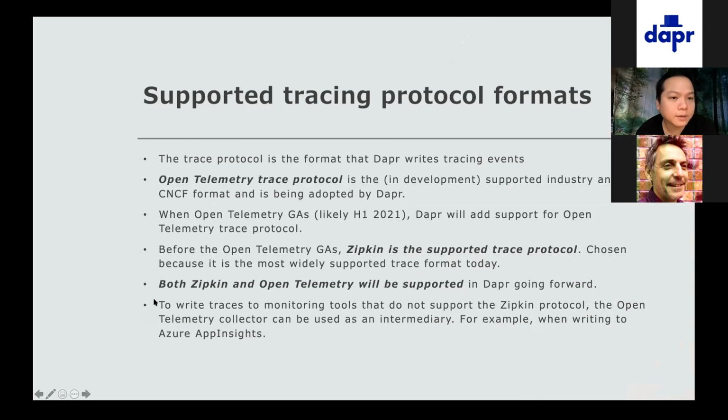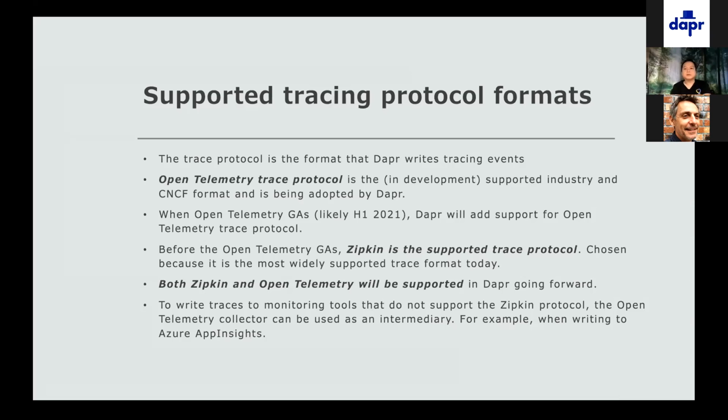All right. So we plan to support two tracing formats. The first one that we support will be the OpenTelemetry trace protocol. It is an industry standard, but it's in development.